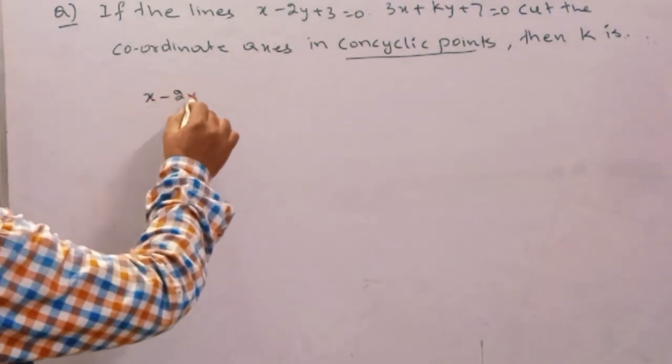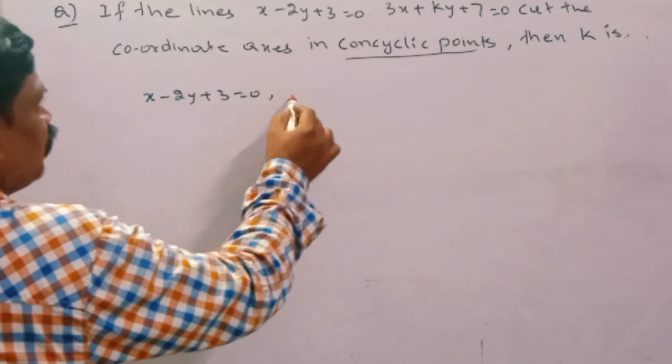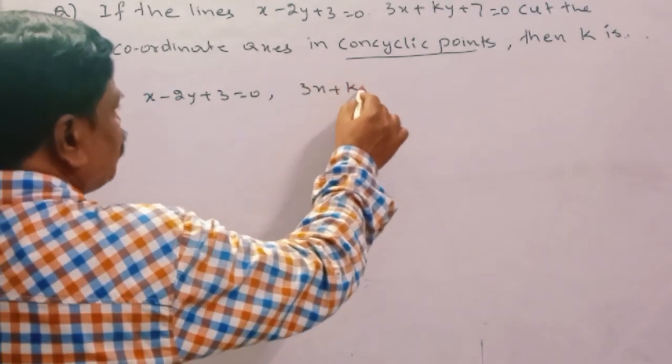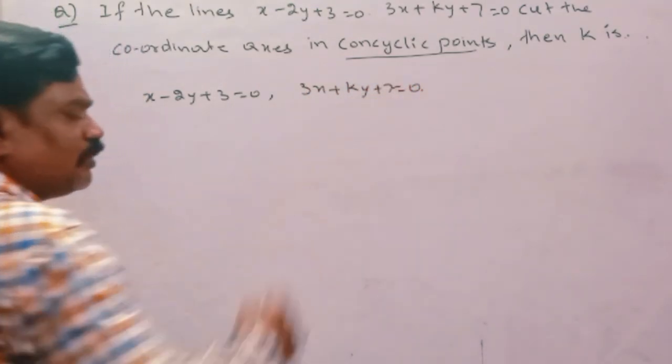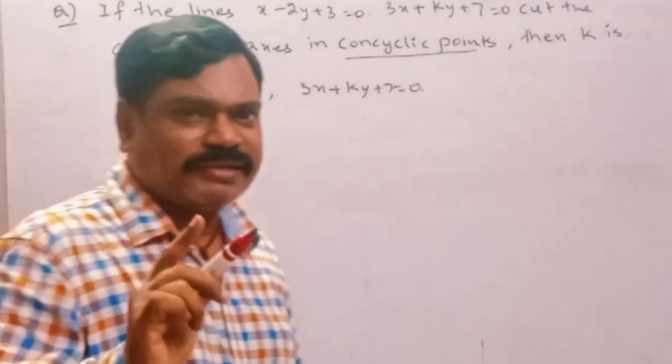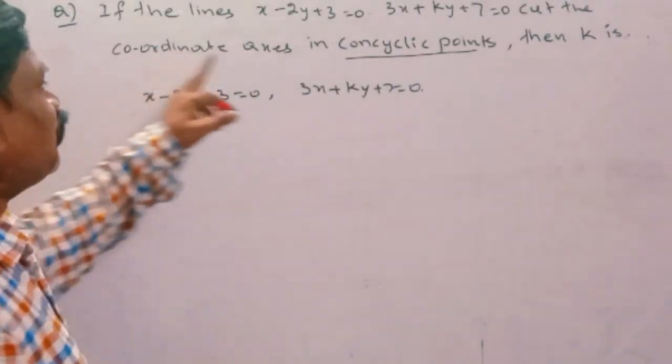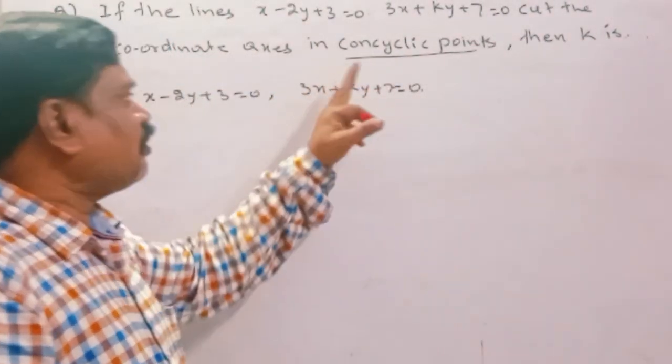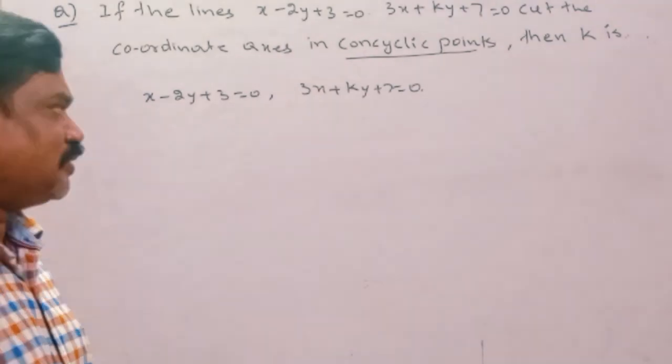We are given x minus 2y plus 3 equal to 0 and 3x plus ky plus 7 equal to 0 as two lines which cut the coordinate axes at concyclic points.